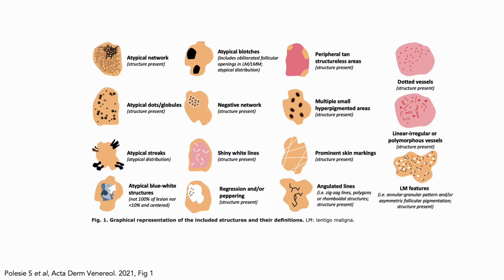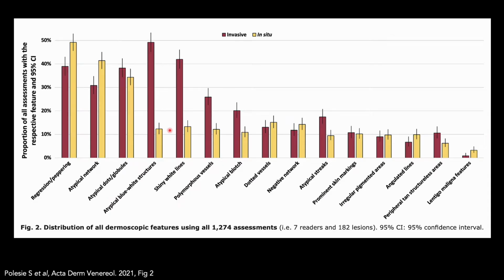These were the pre-specified dermoscopic features that needed to be specified for each and every one of the included lesions. All these findings are a derivative of the revised two-step algorithm, which is an extension of the pattern analysis. As you can appreciate in this slide, atypical blue-white structures and shiny white lines were particularly prevalent among the invasive lesions.